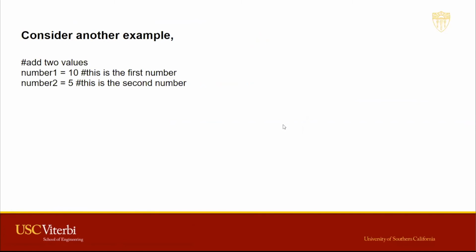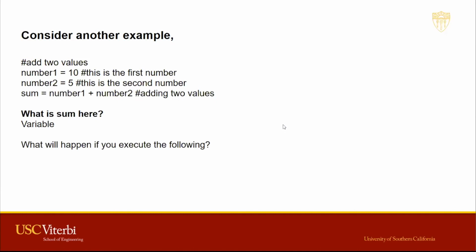Number 2, a variable, is assigned the value 5. Now, we add the values stored in number 1 and number 2 and store it in sum. So what is sum here? Sum is a variable which stores the value of number 1 and number 2, the addition of these two values. A very interesting thing to note is what will happen if you print sum, if you execute this line, and you execute this line.